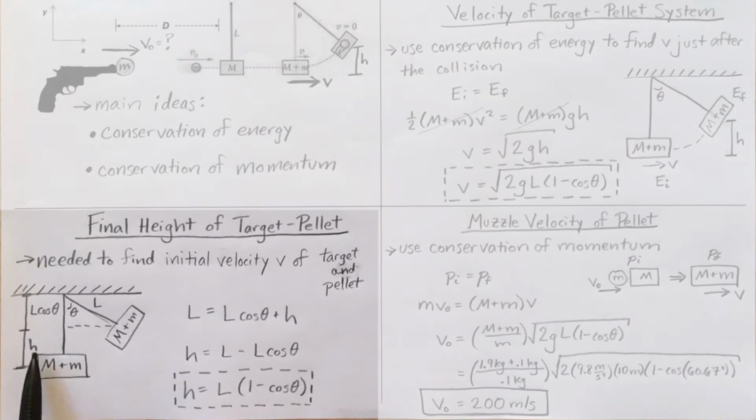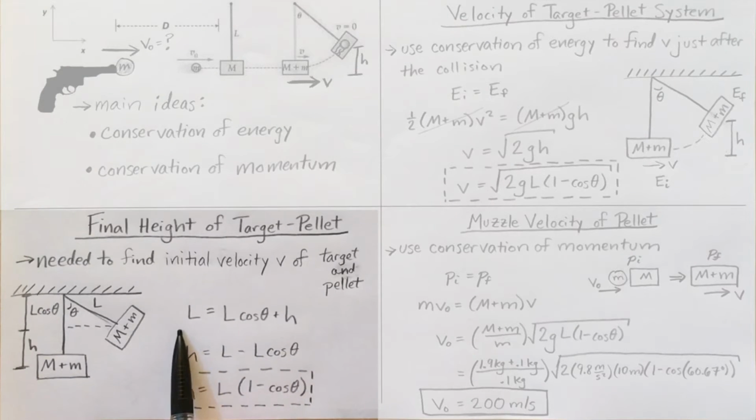The first step is to find the final height of the target and pellet, and this will be needed so that we can find the initial velocity of the target and pellet right after the collision. Looking at this diagram here, we know that this distance is length L and this distance is length L. We see that we can split up this length into two parts, one which is equal to L cosine of this angle theta here, and the other some distance h, which is how high the target and pellet have risen after the collision.